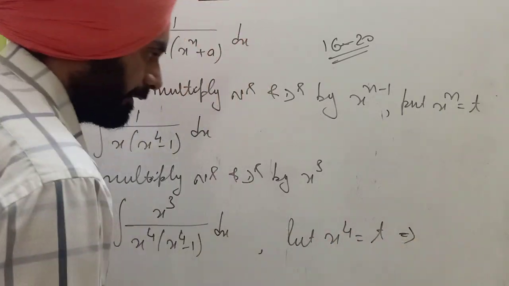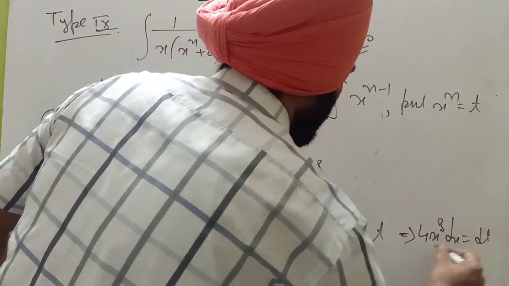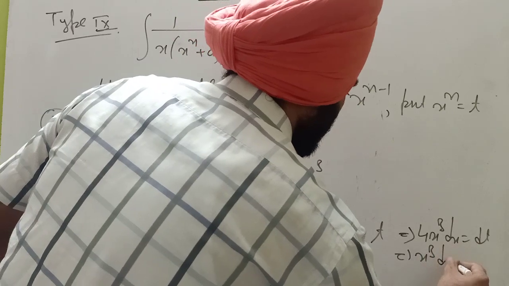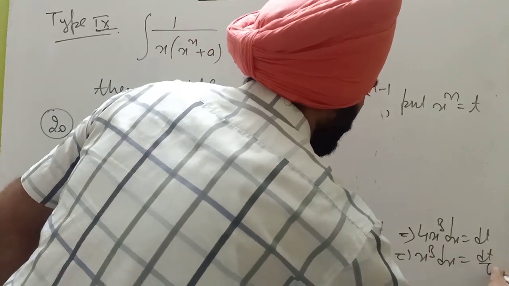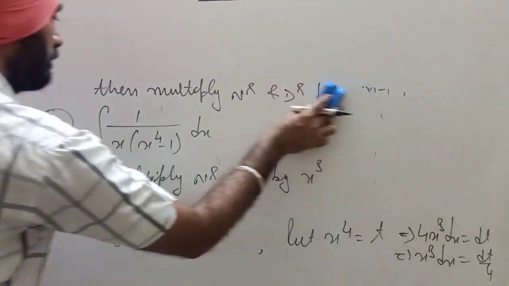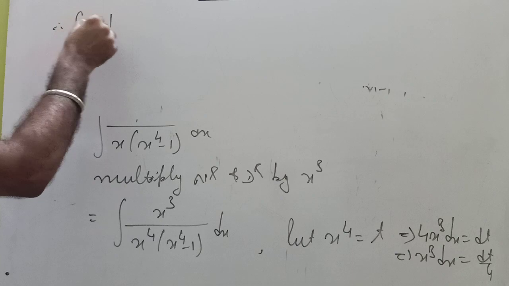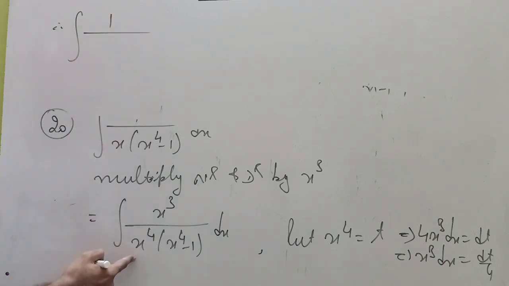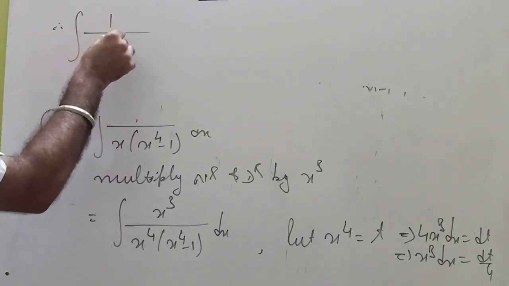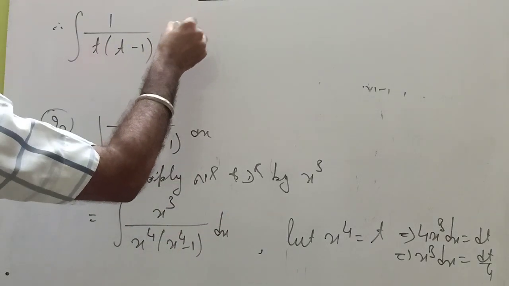So its derivative is 4x cube dx is equal to dt. X cube dx is dt by 4. So the integral becomes, therefore integral becomes 1 by x raised to 4 means t, t minus 1, and x cube dx is dt by 4.